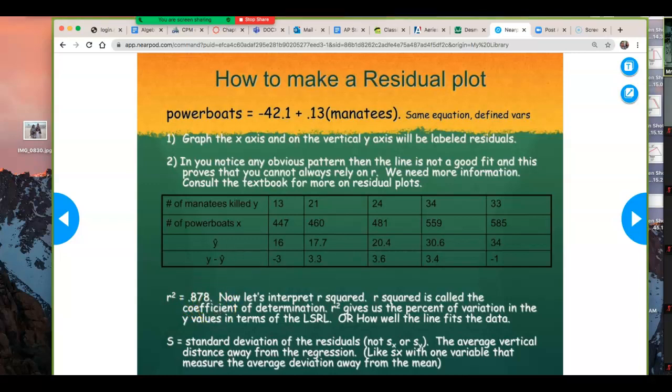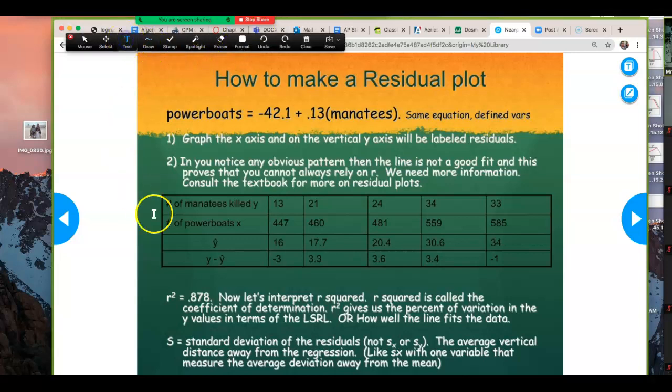So if we're going to interpret that, we would say 88% of the variation in y can be explained by the least squares regression line.